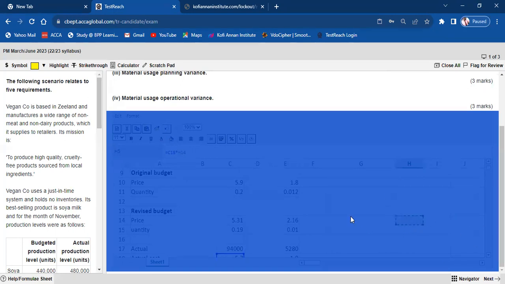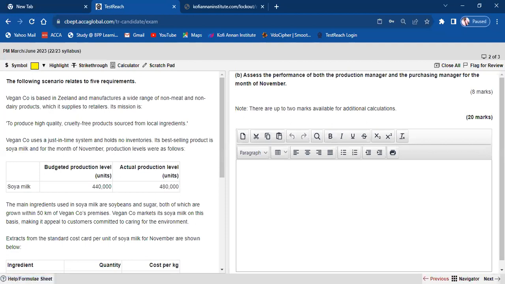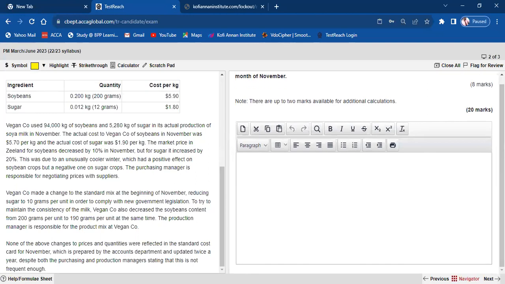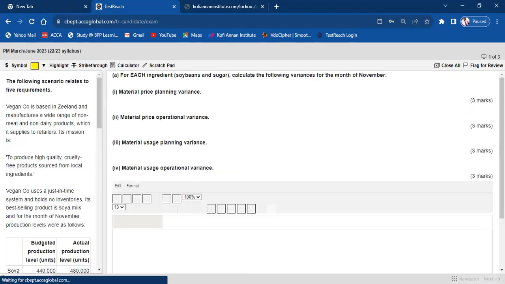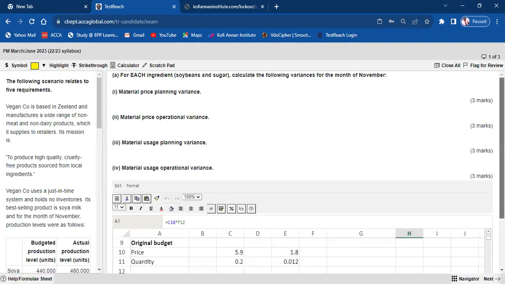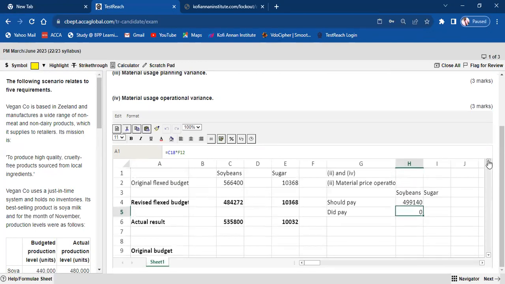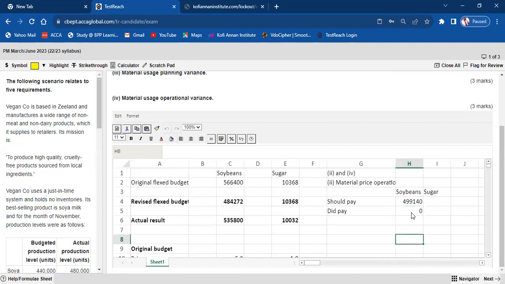Why this? Why the blue screen? Let me go to next and come back there again. Let me scroll through this, come back. Friends, you won't see problems if you don't try. I don't know what happened there, honestly.